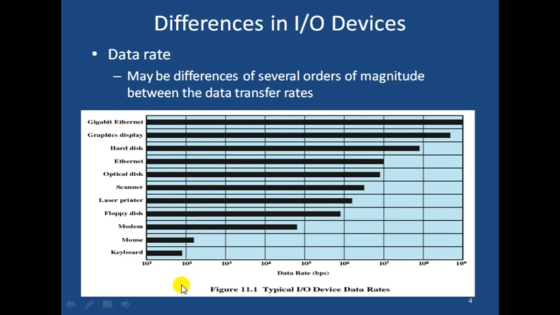Here you can easily observe the keyboard has a very low data rate and the gigabit Ethernet has a huge data rate, and the data rate increases while moving up the y-axis. The devices at the top have the highest data rate. So based on the data rate we can differentiate the devices. Some devices are very slow, some are medium, and some have high data transfer rates.